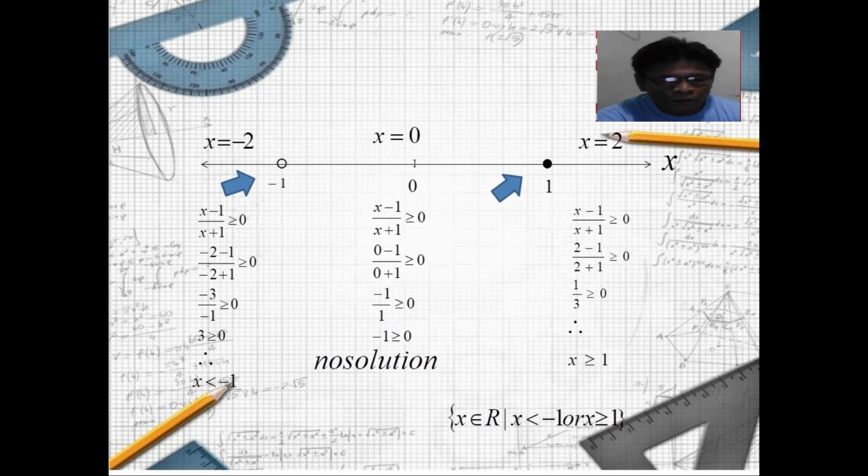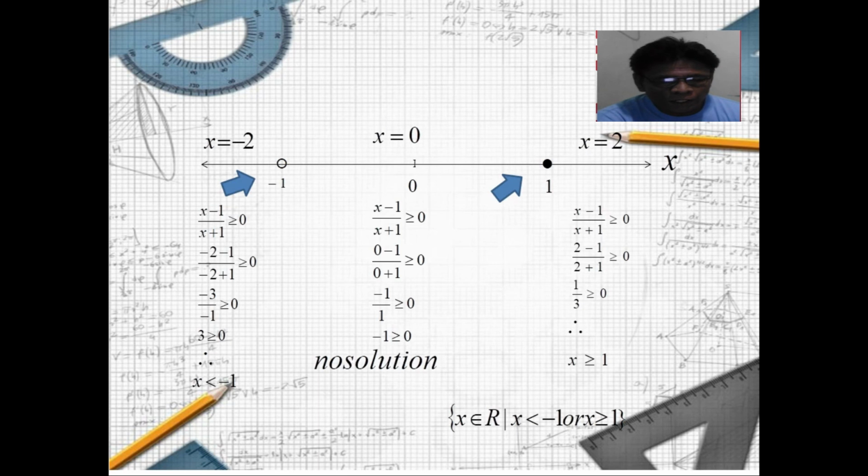Okay, I write in a hollow. So at x equals negative 1, I plot the value in a hollow circle because negative 1 is not included in the solution. Then x equals 1, I plot in the number line in a solid circle because 1 is included in the solution.